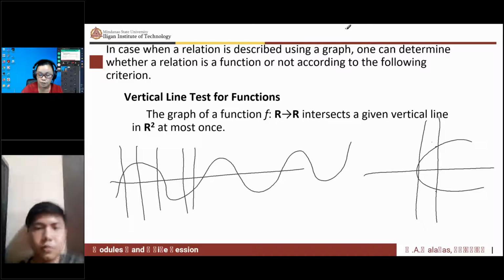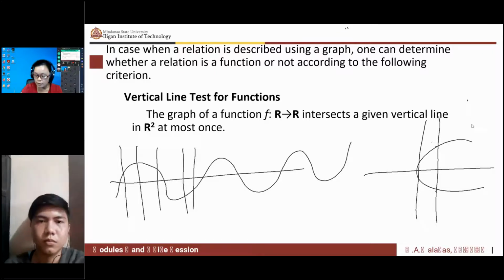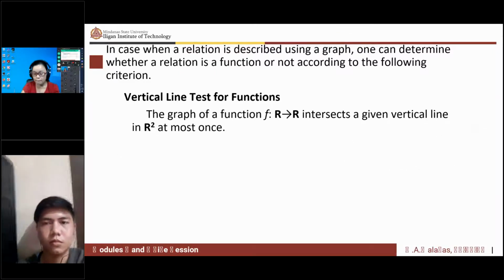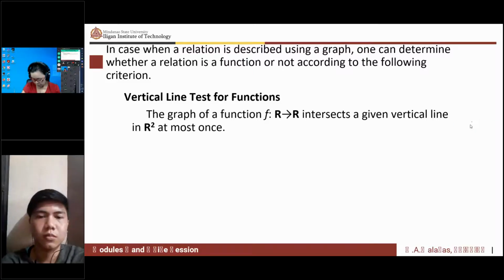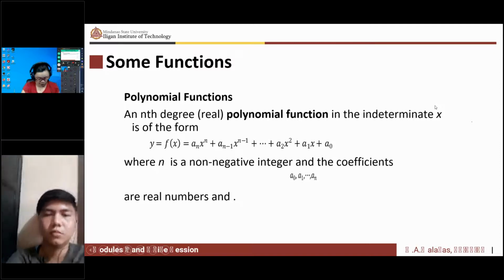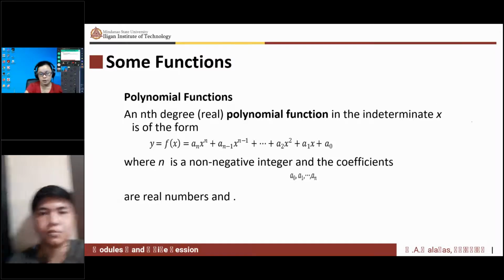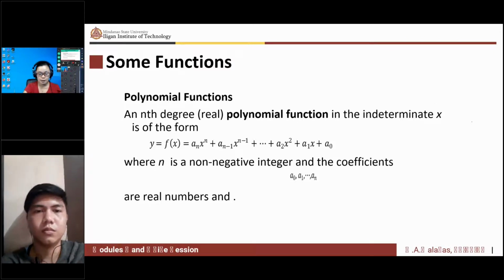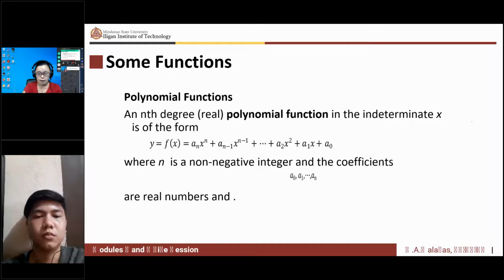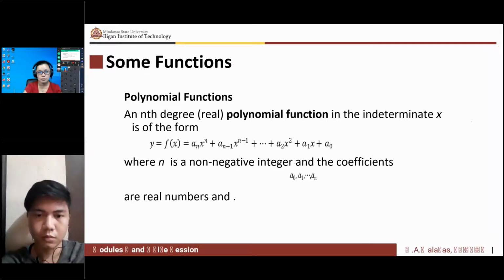So that's it. We also have some functions with their special names, but we only give several examples. We have plenty: trigonometric functions, hyperbolic functions, exponential functions, and a lot more.